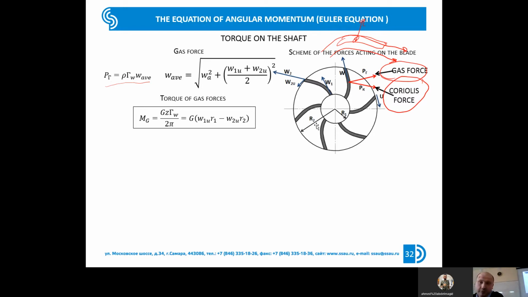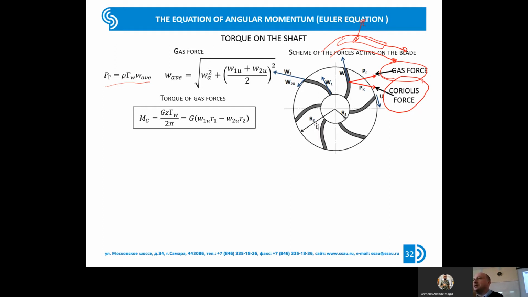So it's a very interesting problem. You don't know what the Coriolis force is. This is one of the inertia forces which impact moving elements, and this force is normal to the direction of relative velocity and the direction of the axis of rotation. How to explain it?